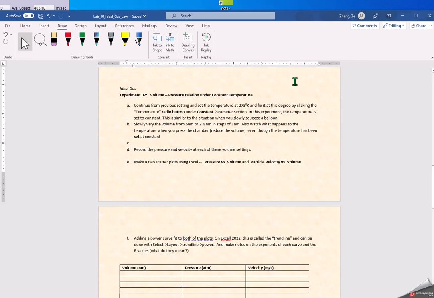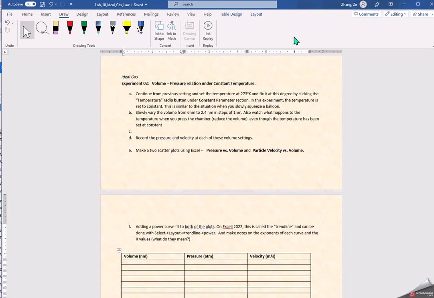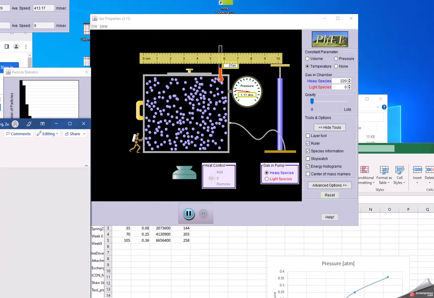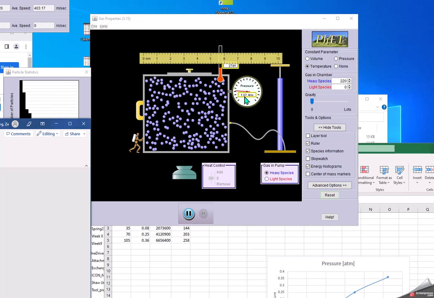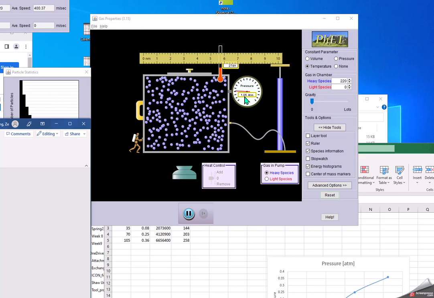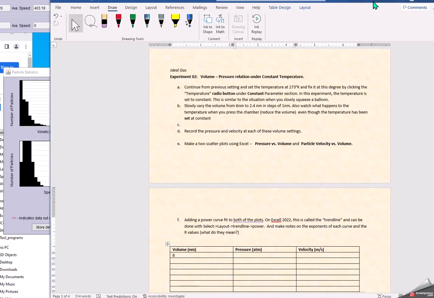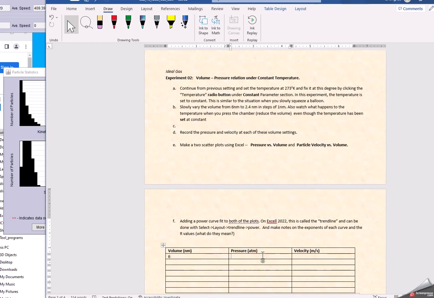So then for example, like you have here 6 nanometers, I enter here. What is the pressure? Okay, so what is the pressure? It's 1.1. Okay, just say 1. So that's 1 atmosphere pressure.